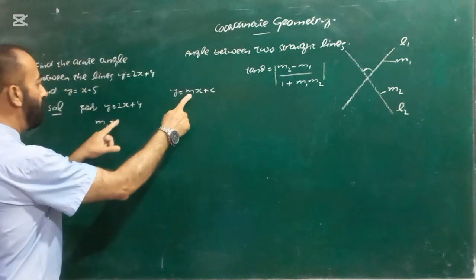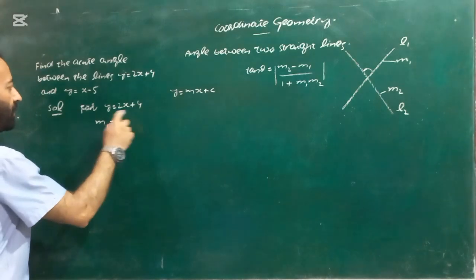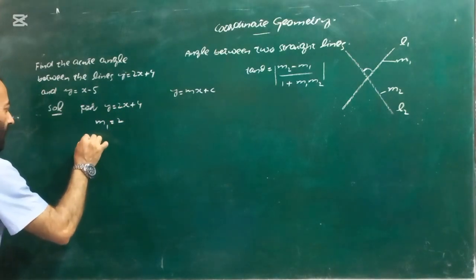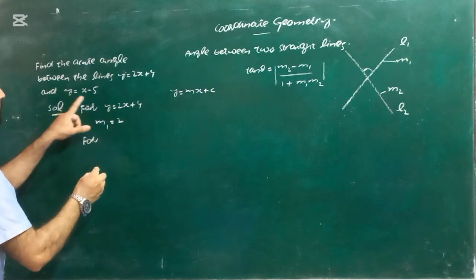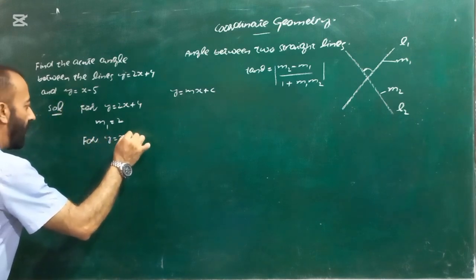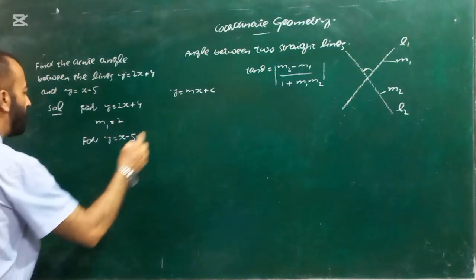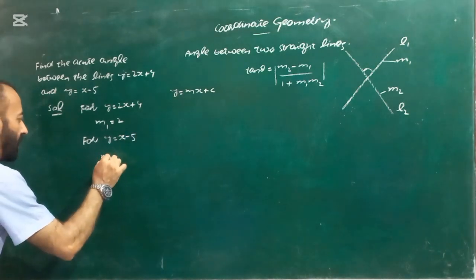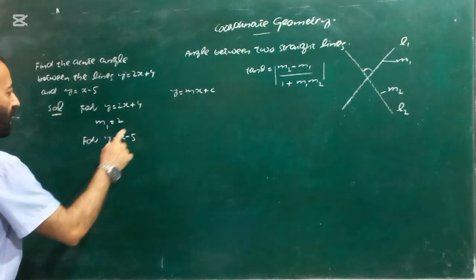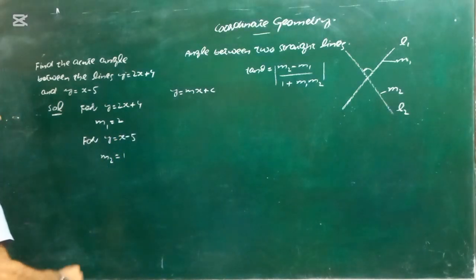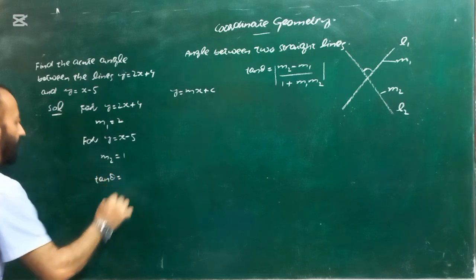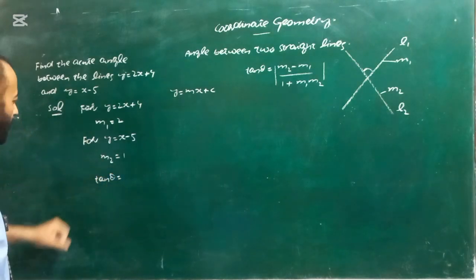So in place of m we have 2, so it means gradient of this line is 2. Likewise, for the other line is y is equal to x minus 5. Again compare this equation with this line. So if we call the gradient of this line m2, the gradient will be 1 because in place of m we have 1 here. So now we are going to put the formula to find the angle between these two lines, because now we have the gradients.